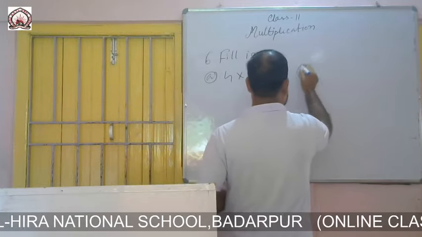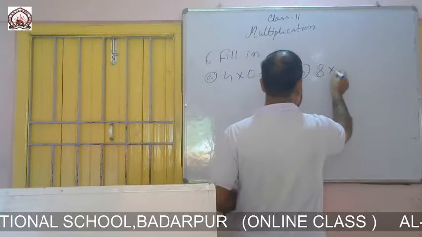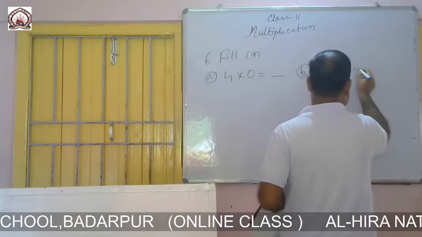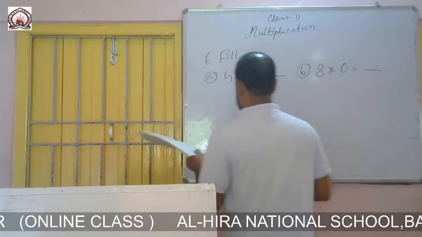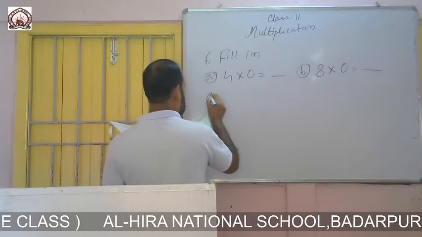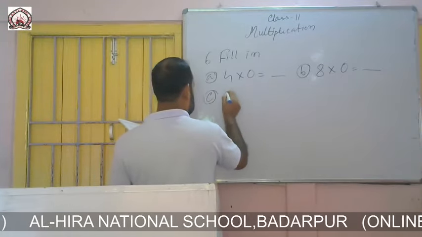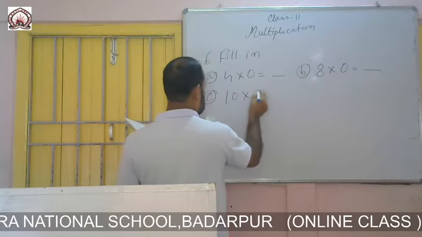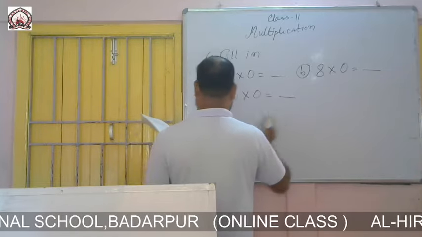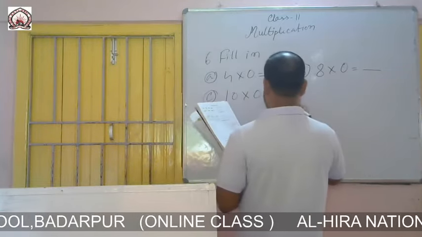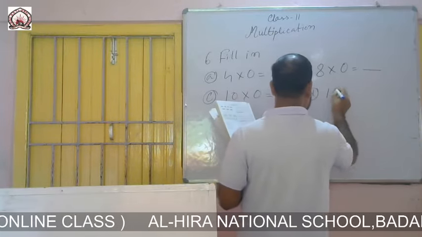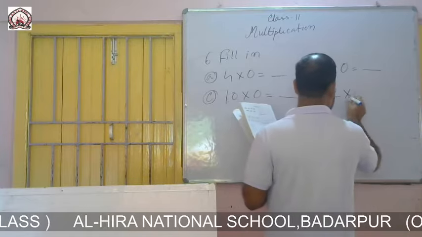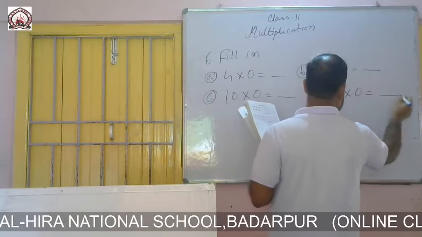B: 8 into 0 equal to dash. C: 10 into 0 equal to dash. D: 12 into 0 equal to dash.